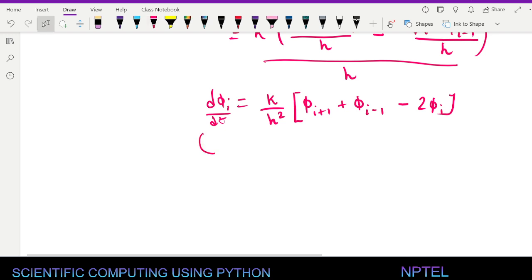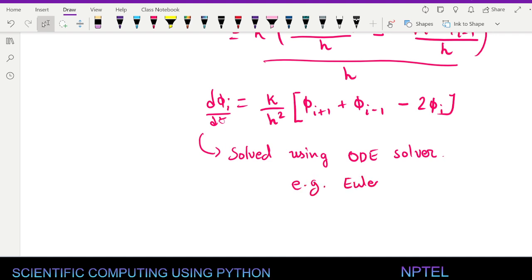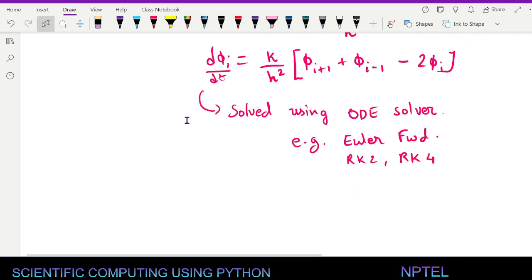And this can be solved using an ODE solver, right? For example, the simplest is Euler forward. Then the others are RK2, RK4, etc. We have seen this, right? And the coefficient is this k by h square.